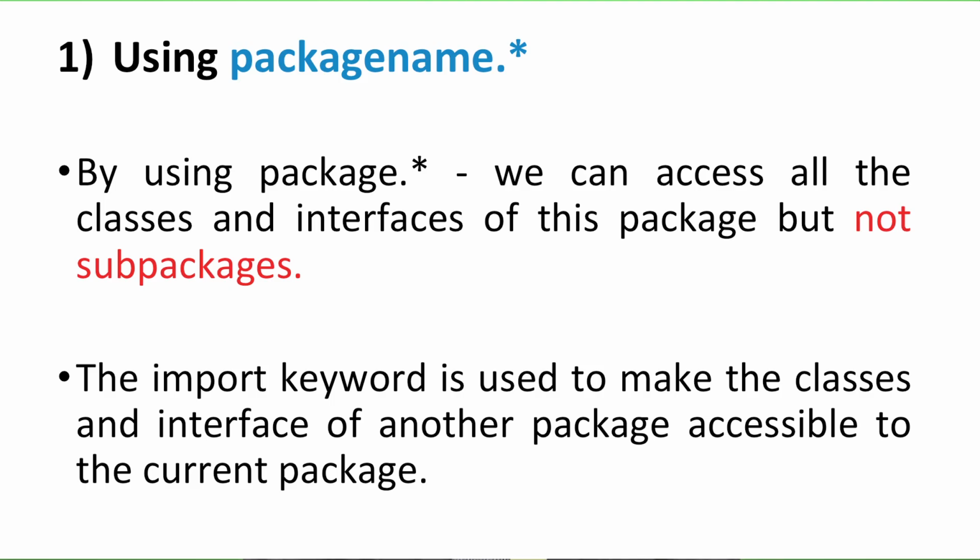So I am elaborating here the first way, that is using package name dot star. By using package dot star, we can access all the classes and interfaces of this package, but not sub packages. The thing we have to keep in mind is that sub packages are not included by this method.